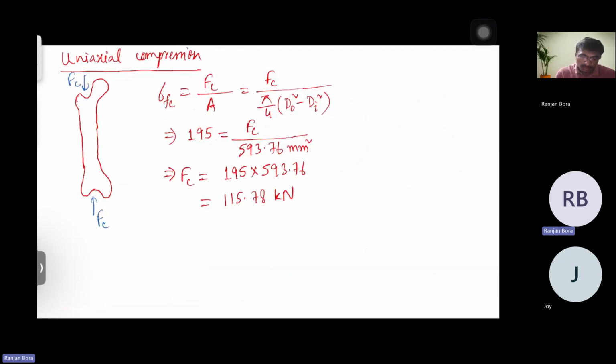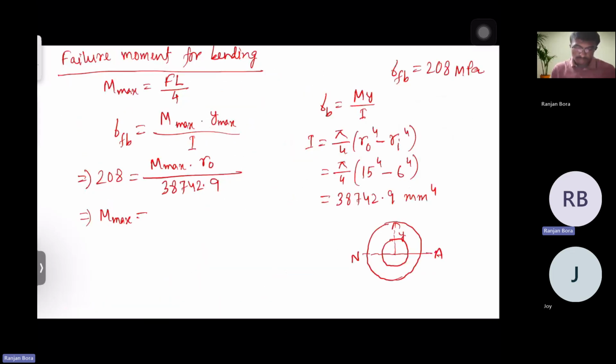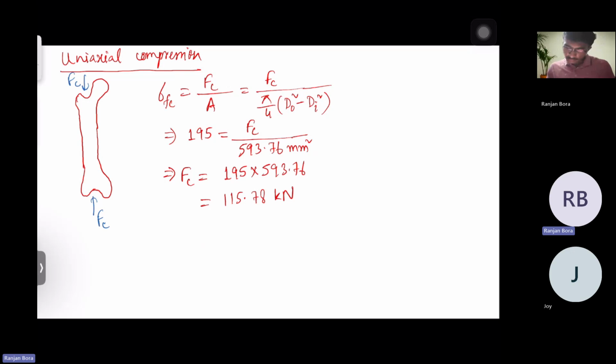So M max is equal to 208 times 38742.9 divided by R naught, which is 15.